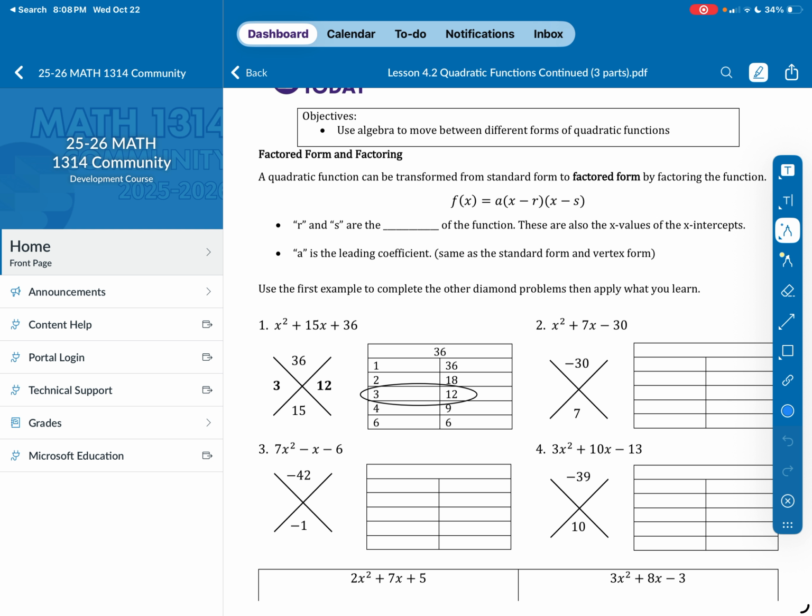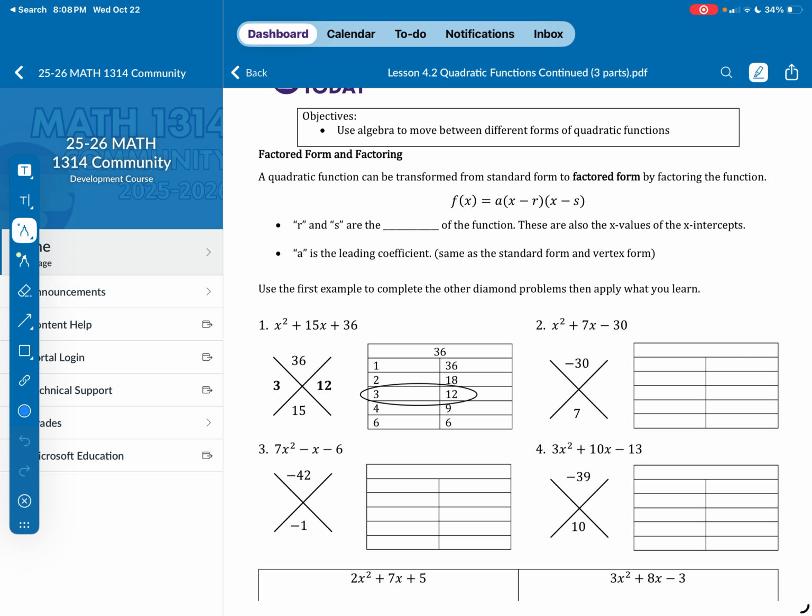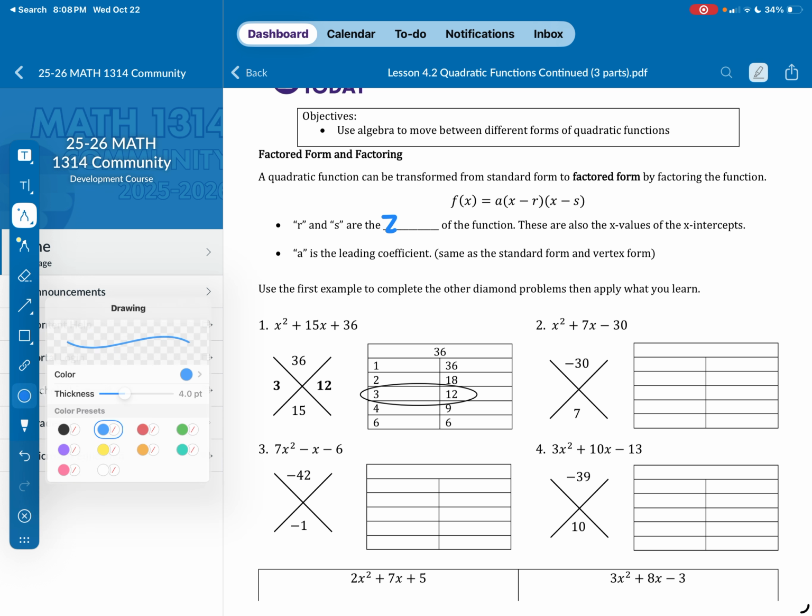And so one thing to know is that a quadratic can be transformed from standard form to factored form just by simply factoring the function, okay? So we have R and S, which are what's called the zeros.